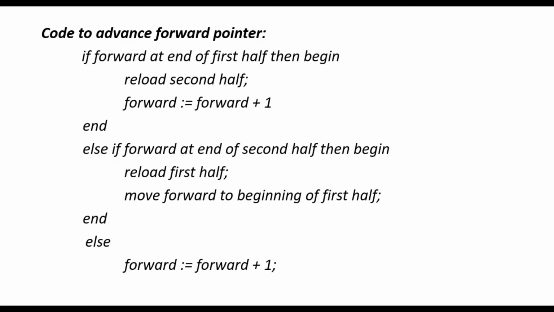So the code to advance the forward pointer is: if the forward pointer is at the end of the first half, then begin to reload the second half. If your forward pointer has reached the end of the first half, then it loads the second half, and forward equals forward plus 1.